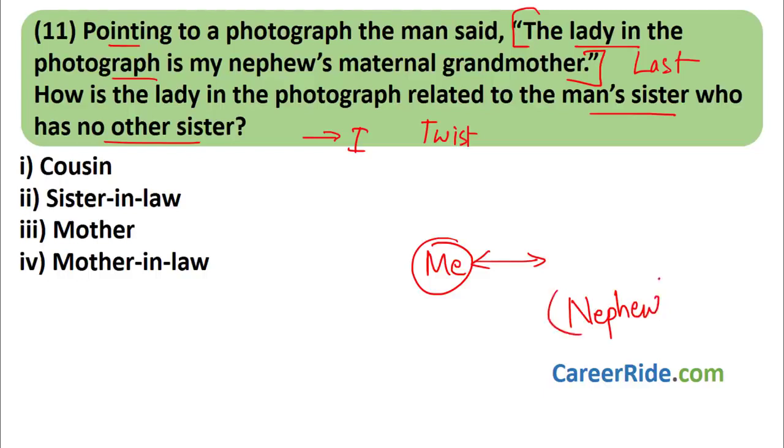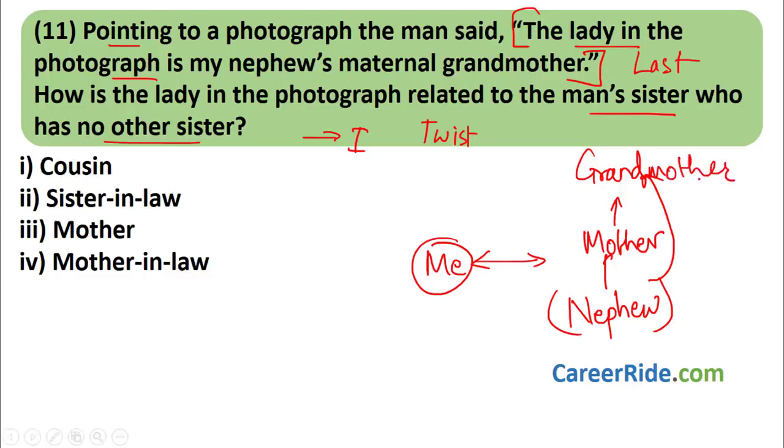The nephew's maternal grandmother means the nephew's mother, and the mother's mother, that is the maternal grandmother, right? We have seen the word maternal is used for the mother's side, and paternal is used for the father's side. So the lady in the photograph is the maternal grandmother of my nephew. We do not know whether this nephew is of my brother or my sister.